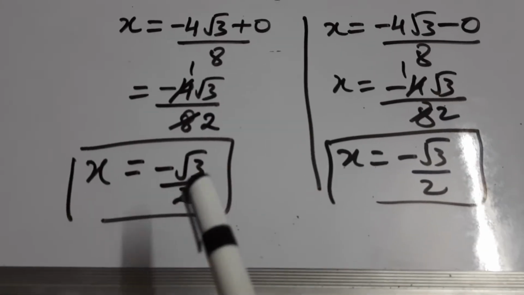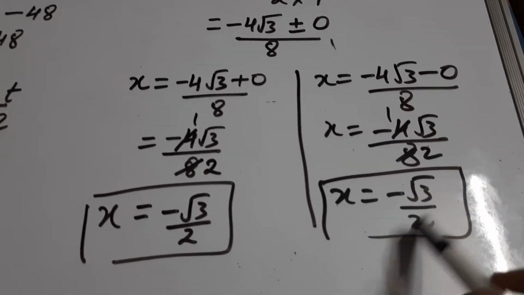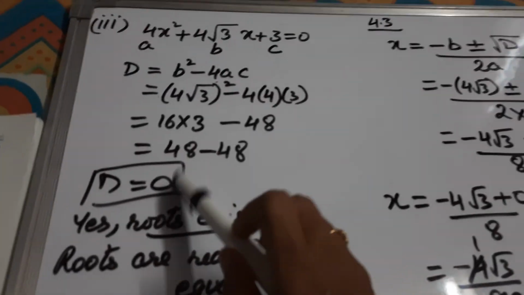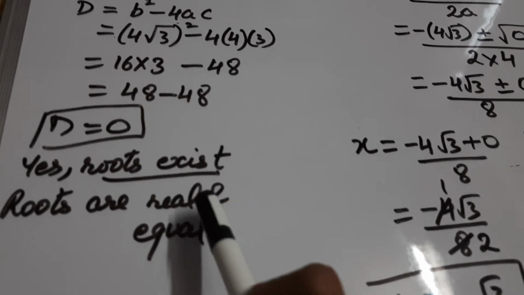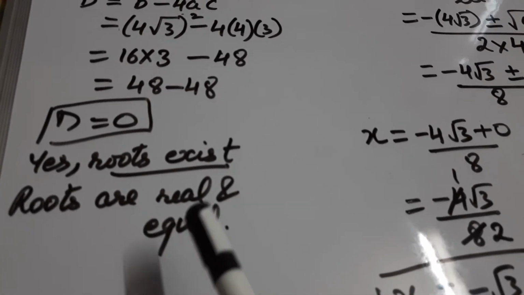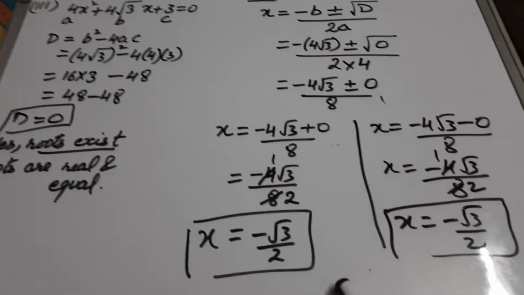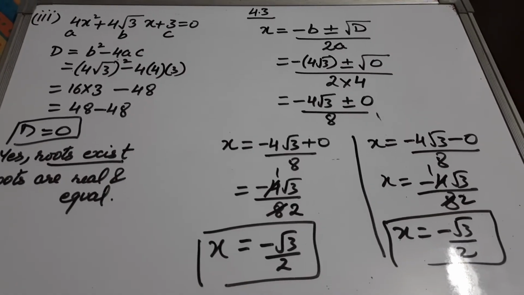X is equal to minus root 3 by 2, and from here also we get x is equal to minus root 3 by 2. Means both the roots are equal. So this is what we got from the discriminant. D is equal to 0 means roots are real and equal. Child, from here we get to know that equal means we'll get equal values, right? So in this way you will solve this equation.